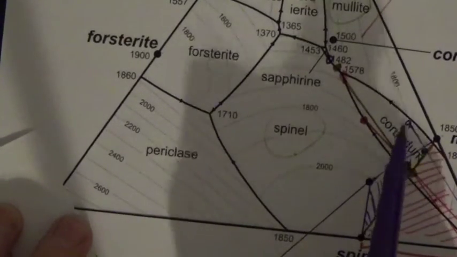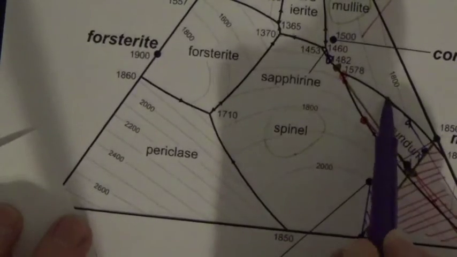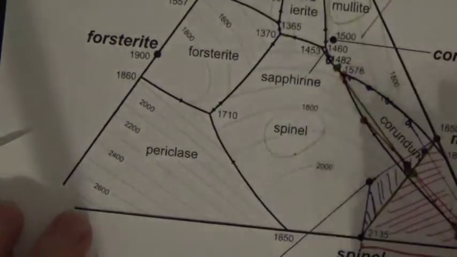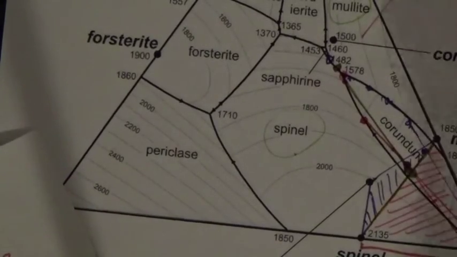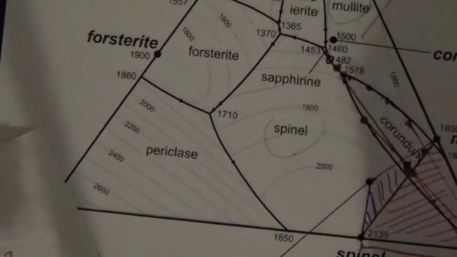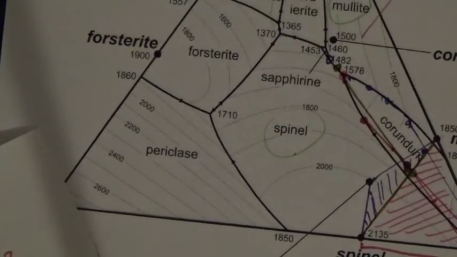So we'd have corundum and mullite that form, and then the corundum has to be reabsorbed, and that allows for the formation of the sillimanite.